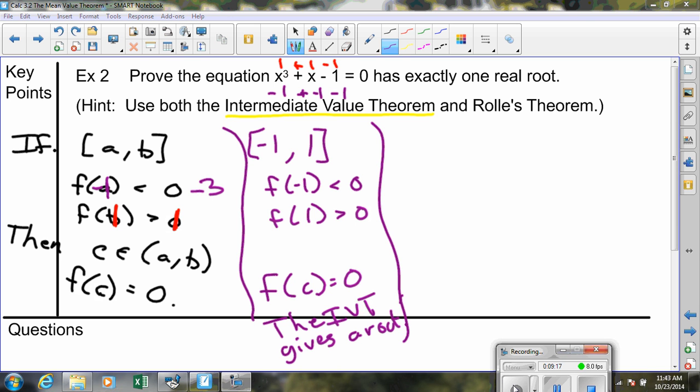Okay, so if we assume that there's more than one and show that it's wrong, then we know that there's exactly one. Well, if we assume that there are two roots, then that would be telling us we've got an f of a that's equal to 0 and an f of b that is equal to 0. Rolle's theorem then, and this a and b we're putting at like -1, +1.